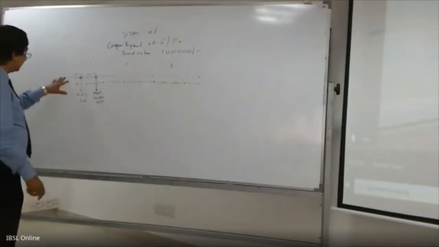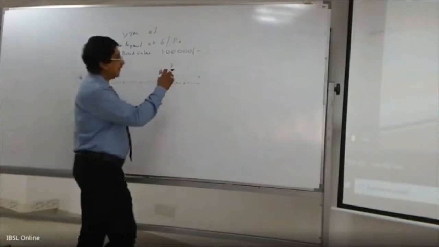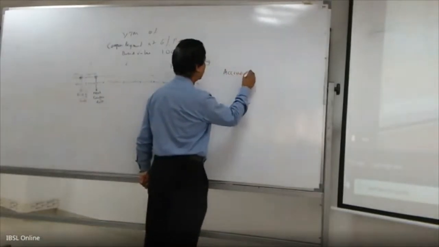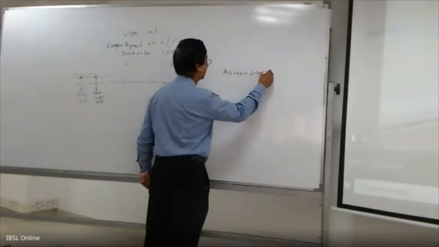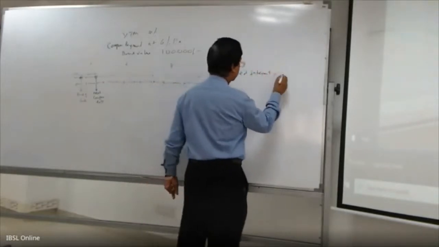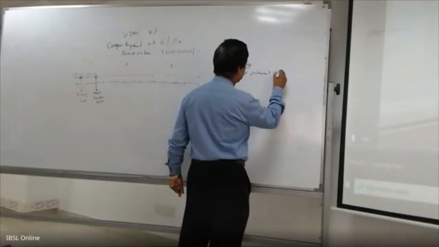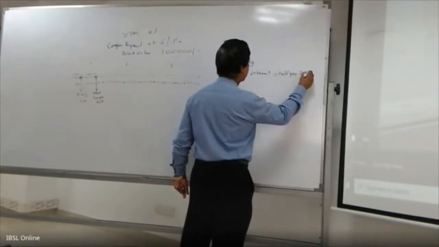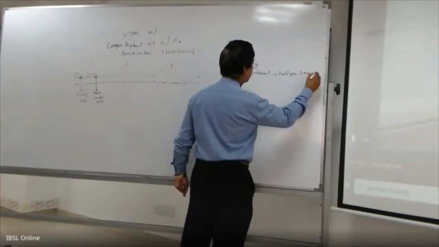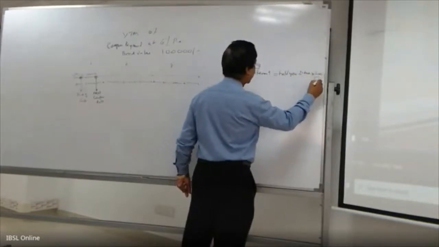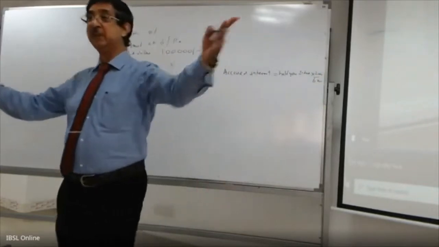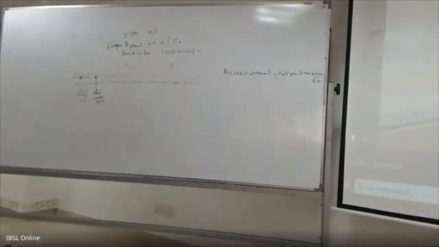Then there is a very easy calculation. Accrued interest equals half year interest into 1/3. This is how we calculate it, because the whole period is 6 months and interest was accrued for a period of 2 months.